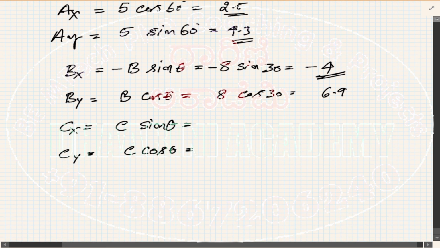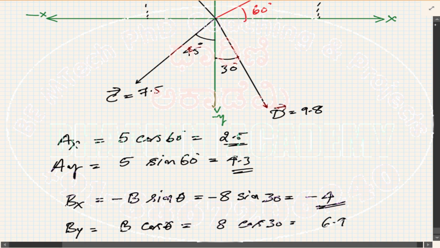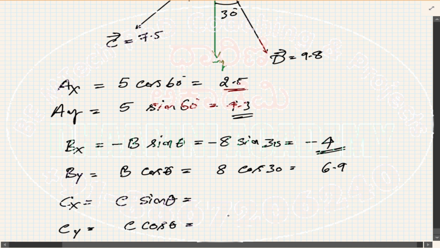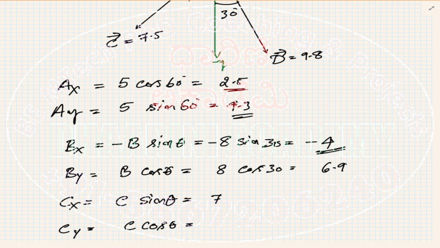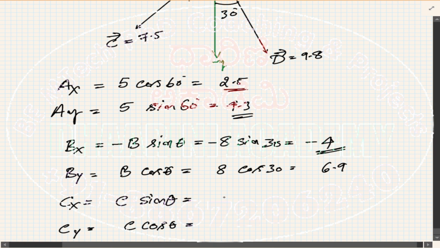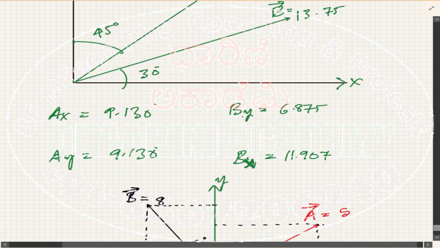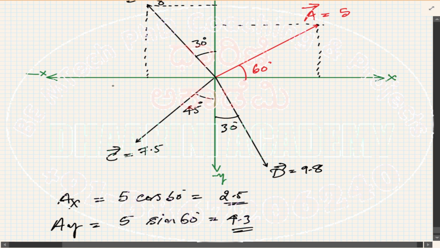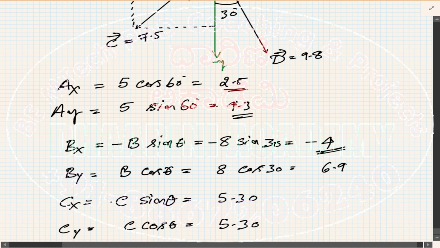Substitute 7.5 and 45. So it is 5.30 for both of them, because of 45 degrees. Now I'll find the sign. Looking at the diagram, the x component of c comes on the minus x axis. Similarly, the y component is on the minus y axis. So both are negative, cx as well as cy.